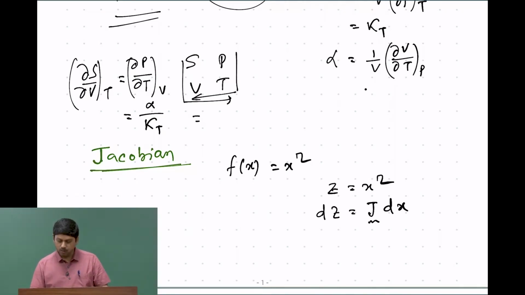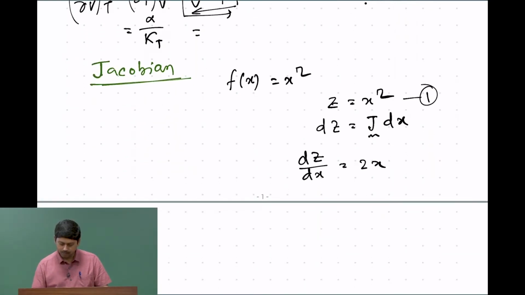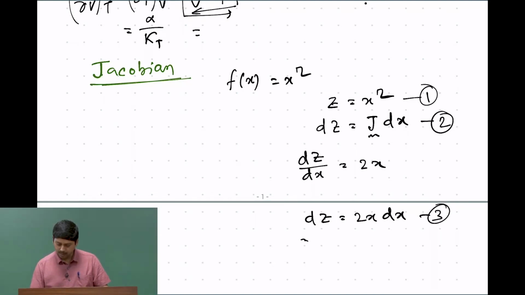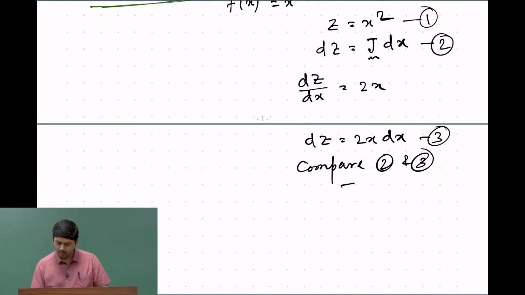So, what will be the value of J? Let us take a derivative of this particular equation 1. So, dz by dx we know is 2x. Therefore, dz is nothing but 2x dx. Now, when you compare equation 3 with equation 2, what do we get? We get the Jacobian to be 2x.